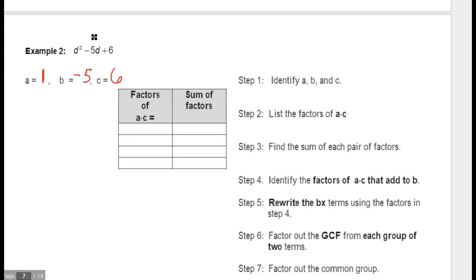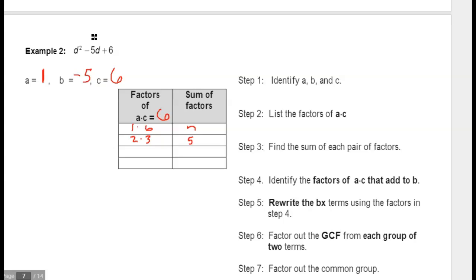So the only way I can add to get a negative here is, so we have A times C equals 6. The only way you can do that is if you have negative numbers, because if I go through and I did 1 times 6, 2 times 3, that's going to add to get 7 and a positive 5.